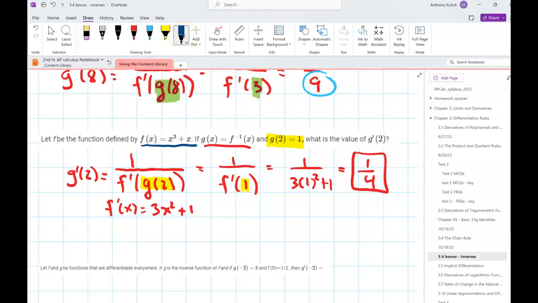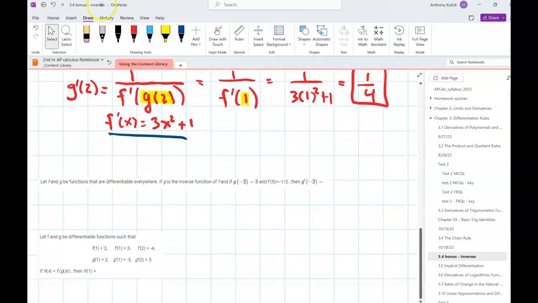Because we know f is this, so its derivative has to be just a power rule derivative, easy, no big deal. And then we just plug the 1 in. Everybody feeling good so far? Again, not tricky, but if we haven't talked about it, it sure is, right?